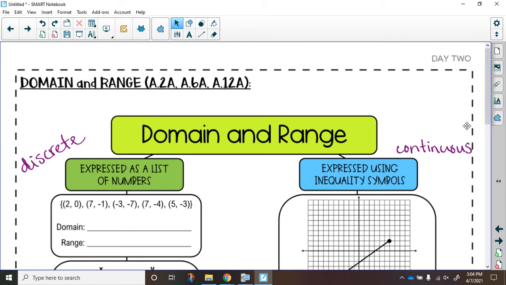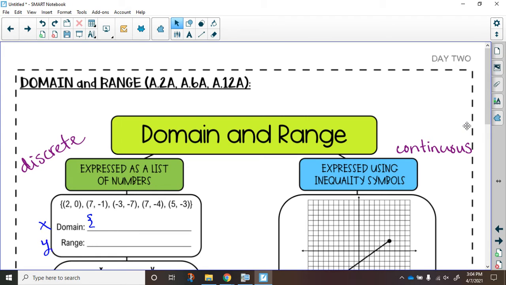So we're going to first look at the left column. Let's start by writing the domain from a list of numbers. Your domain is always going to be your x values, range is always y.